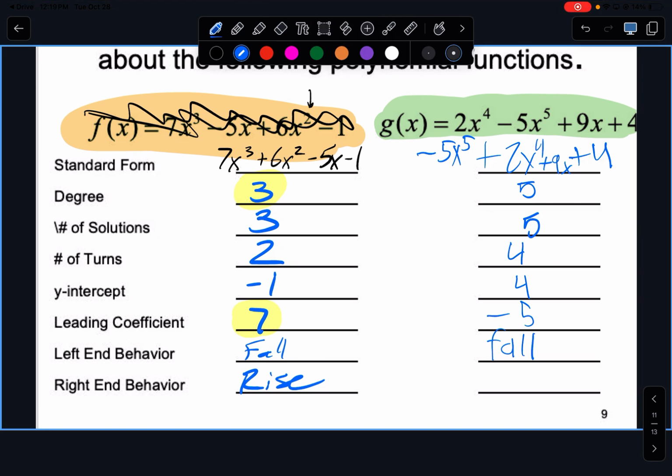Rise. So we should have rise right here for left end, okay? So you guys can click on the eraser at the top, and you can change that to rise. And then the right end is fall. It's not going to be rise, rise because it's not even. You're only going to have the same end behavior if it's even.